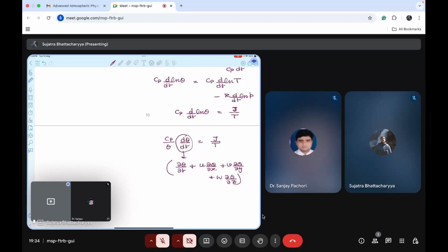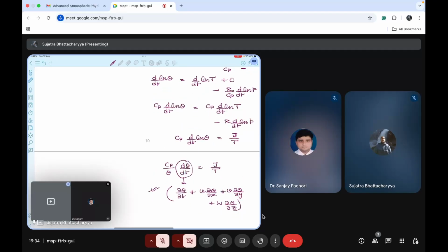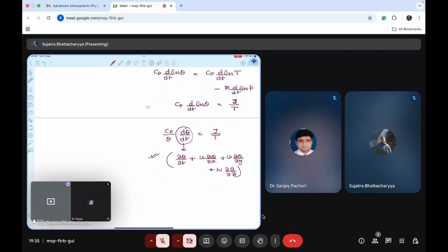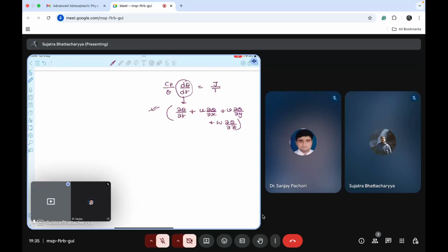So why am I doing this? In the week 3 lecture, at the very end, I think the scale analysis is performed on this equation. So it's just a simple derivation to understand how this is derived, and then scale analysis will be performed, so that you can easily understand.